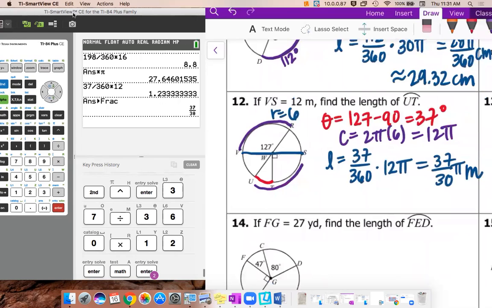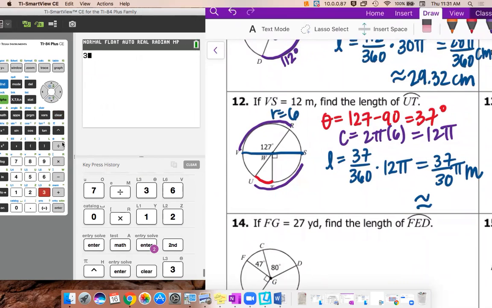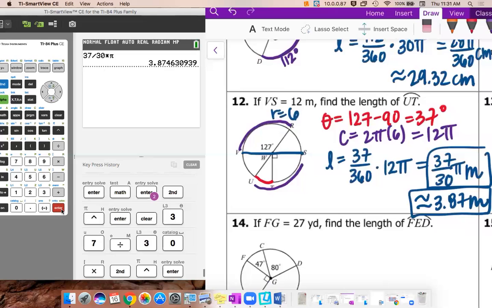And then again, if you want to estimate, you just do 37 divided by 30 times pi. And so this is going to be about 3.87 meters long. So that's how long that crust is, either one of these, whether you want it exact or not.